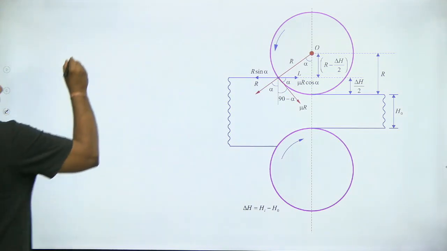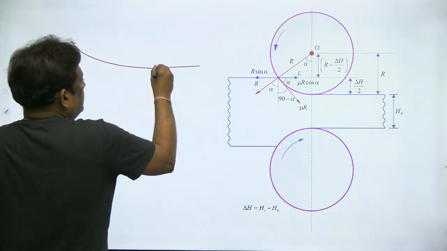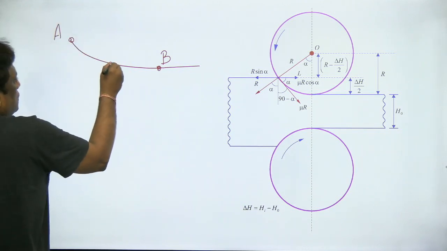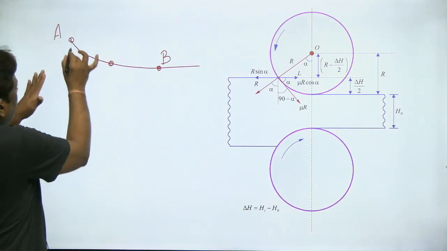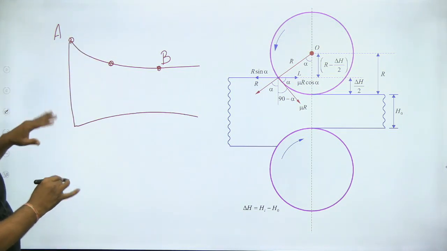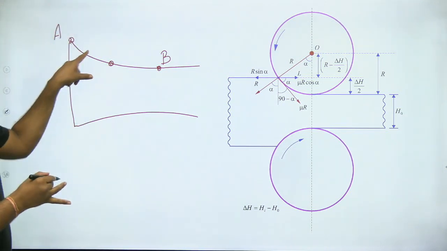Look at this. This is my component. This is the exit, say B, this is A entry, and this is neutral. So in A to B, actually on this component I have to show forces. So who is exerting forces? The roller. So show what the roller is doing on it.